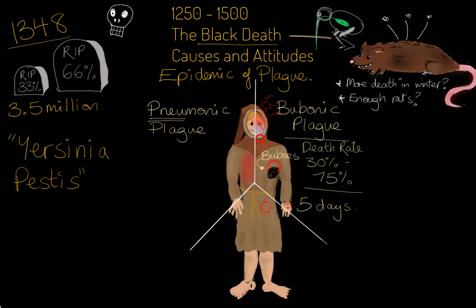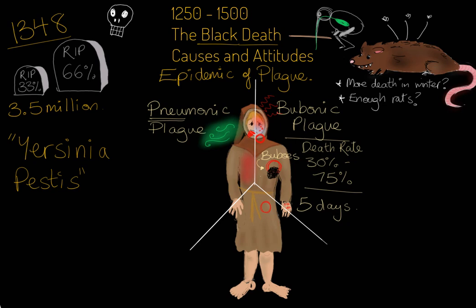And this would cause people to cough up blood. It also made them contagious because once they had pneumonic plague, the germ could be spread through droplets in their breath when they coughed and sneezed. So that was another impact of this.